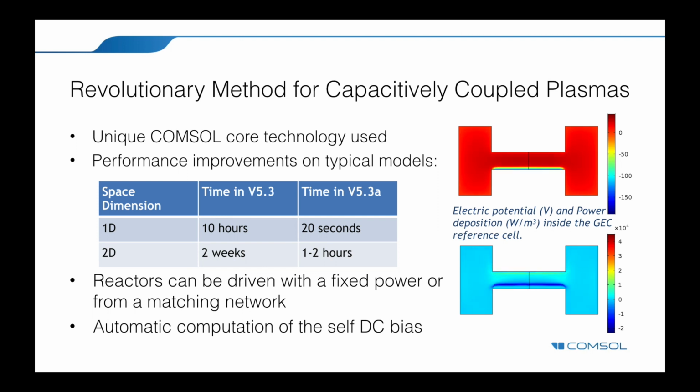These types of CCP model haven't really been possible to analyze in previous versions. If you managed to set them up, you were looking at solution times of weeks. Now we are looking at solution times of hours. We are not aware of any competing software that is able to perform such simulations this efficiently.